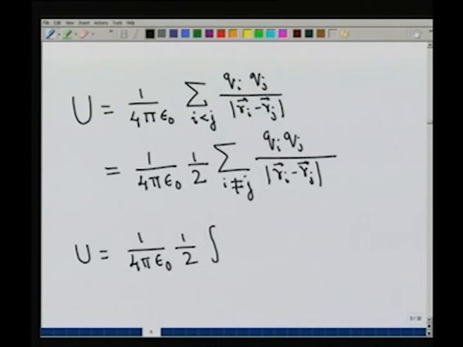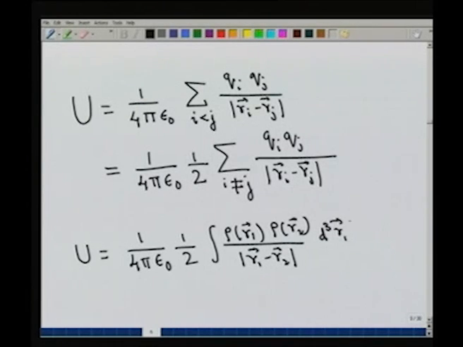Now my Qi and Qj will get replaced by the appropriate charge densities multiplied by the small volume elements. So I will write rho of R1, rho of R2 over mod R1 minus R2, d cubed R1 d cubed R2. This is the expression that I have.